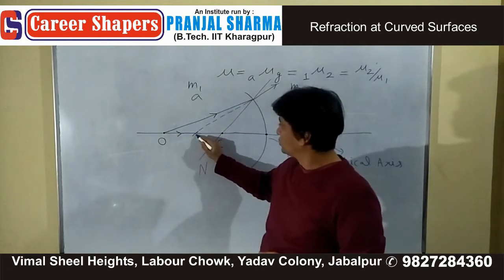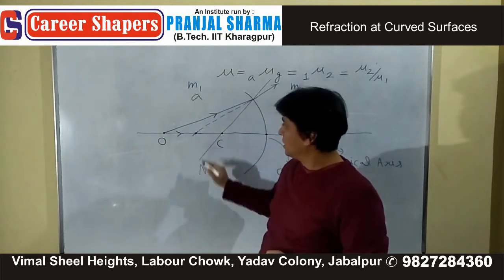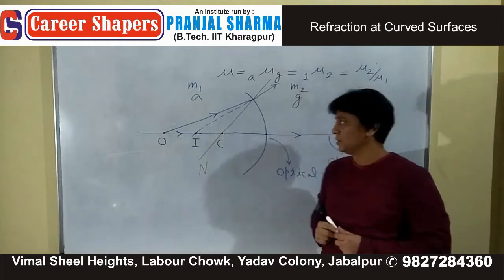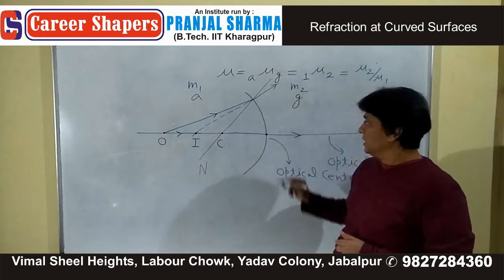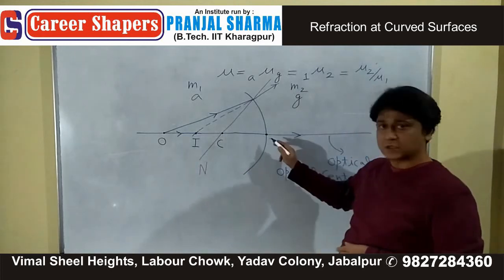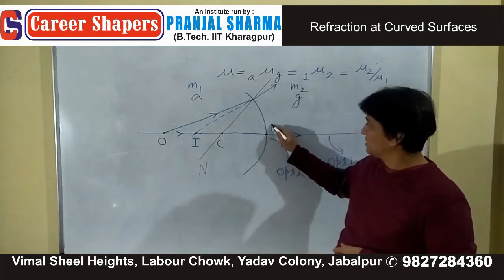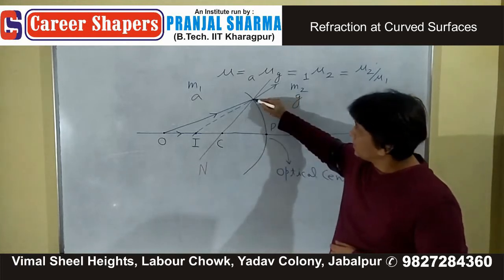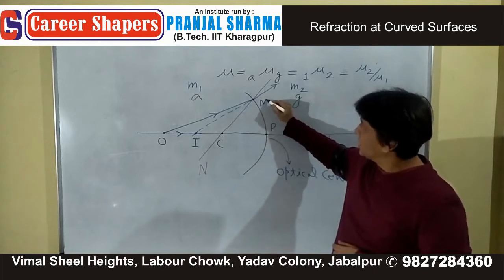That's how you produce it. It meets here, and this is the position of the image. Let's say this point, which is the optical center, we take as P. This point, take it as M.